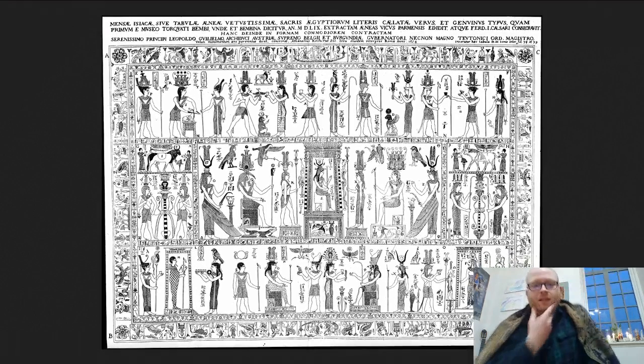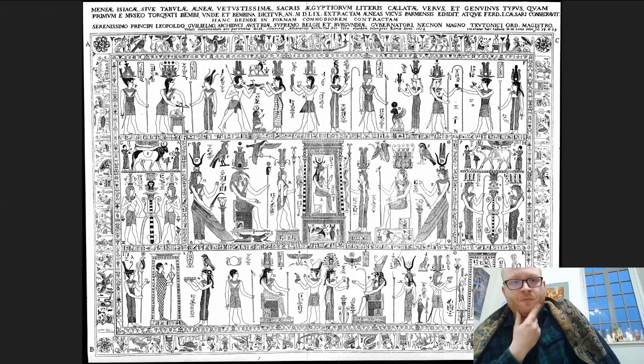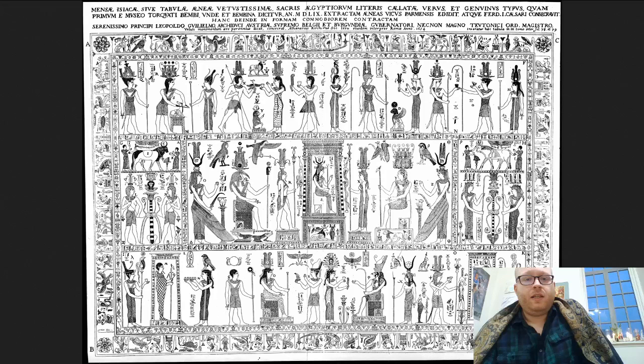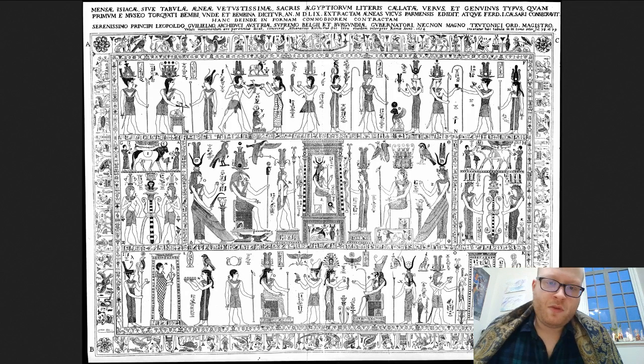This is the Bembine table, and it is an Egyptian depiction of the universe, or put more accurately, it is a depiction of the house of the gods, which is the primordial image of the universe.